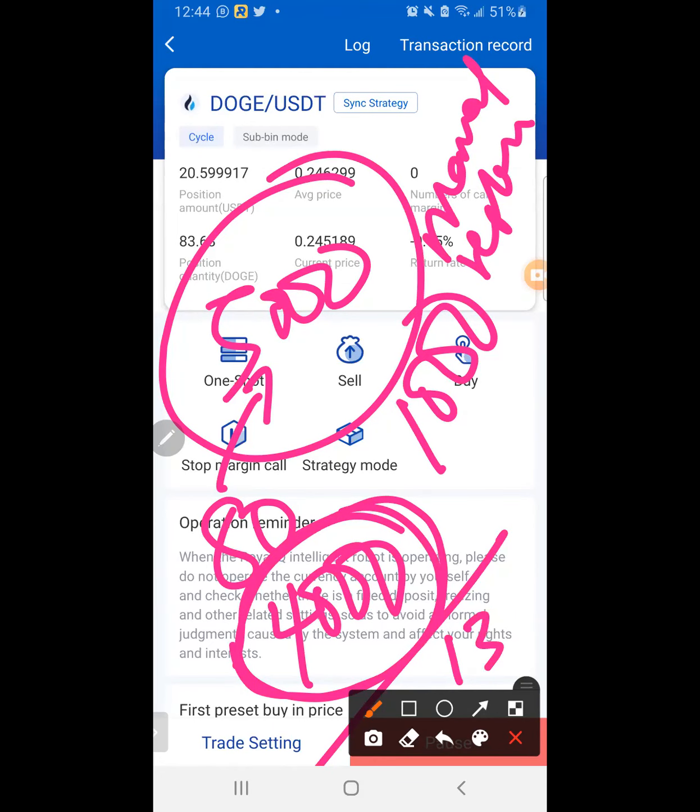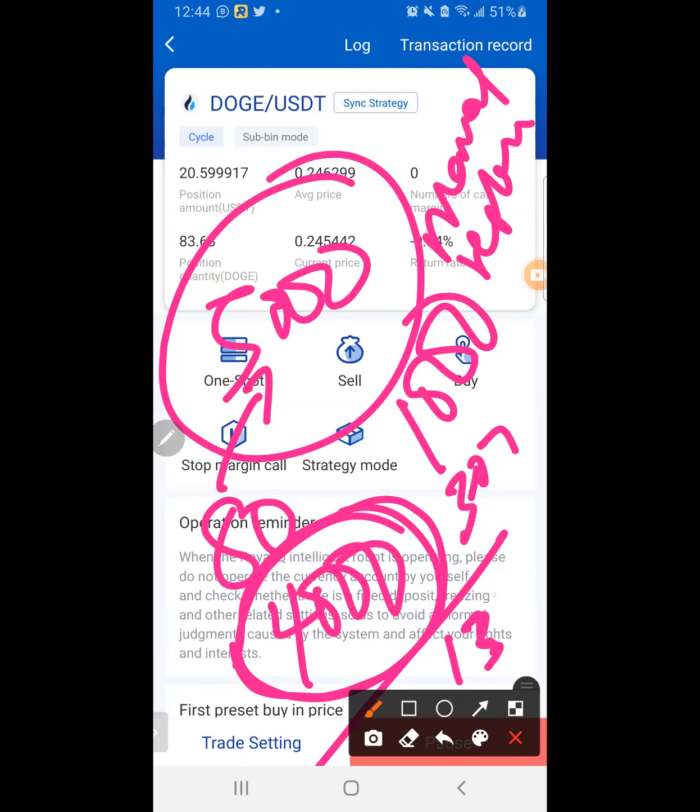Any amount you have, this is exactly the strategy you should do. Divide it by 130.